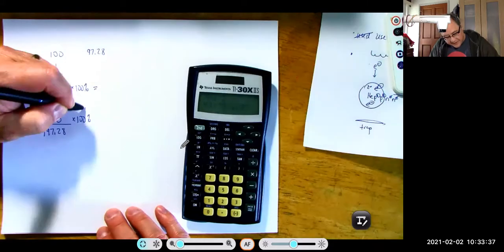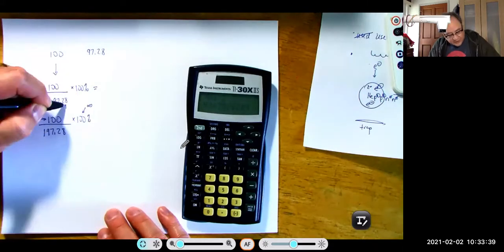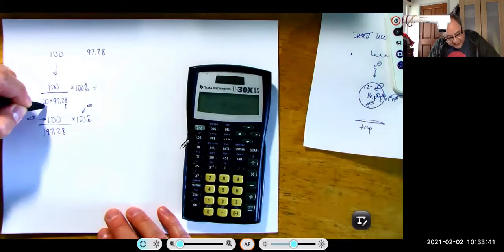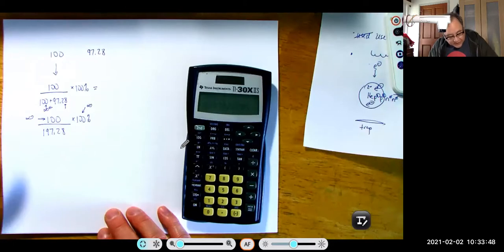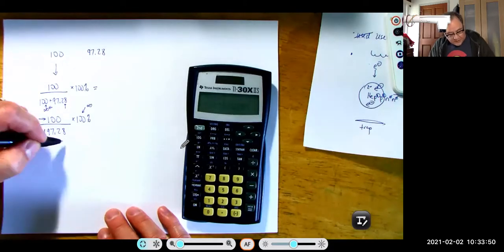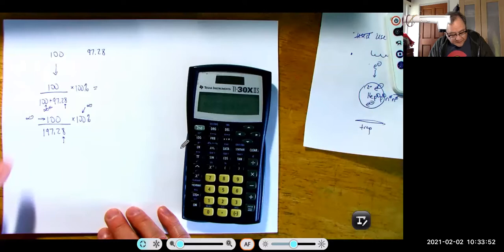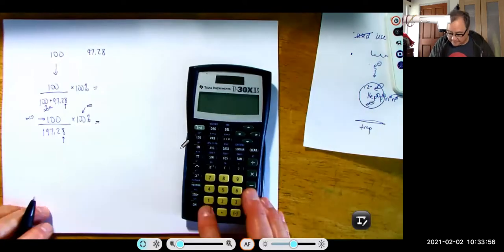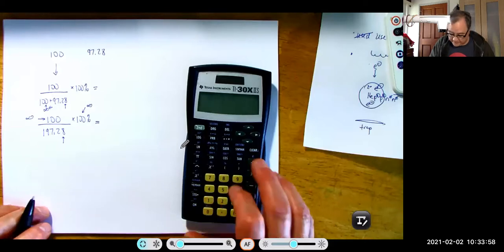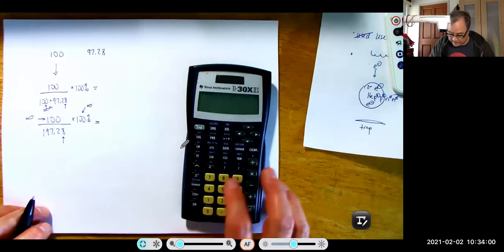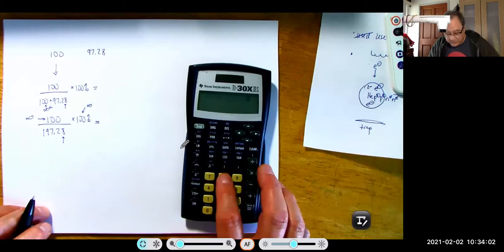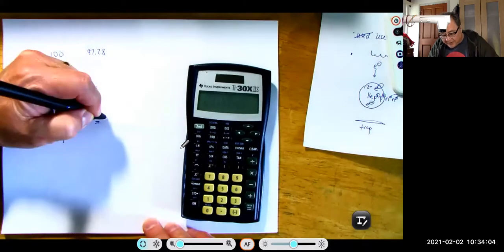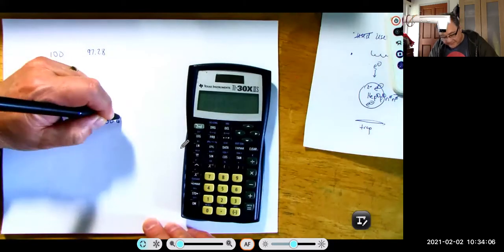This has infinity. This is good to the 100th. This is not good to here. It's actually good to the infinitieth. So when we add these together, it's good to the 100th. Now we're doing division: infinity, infinity, and 5. We get 5 significant figures. So let's see what we get. We get 50.689%.